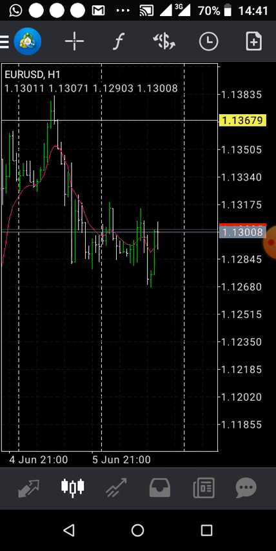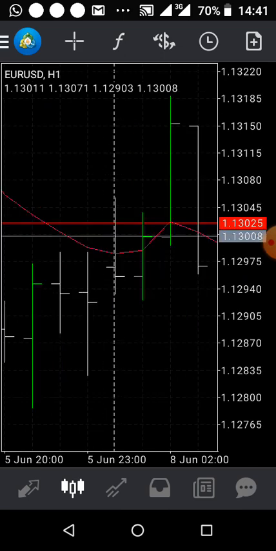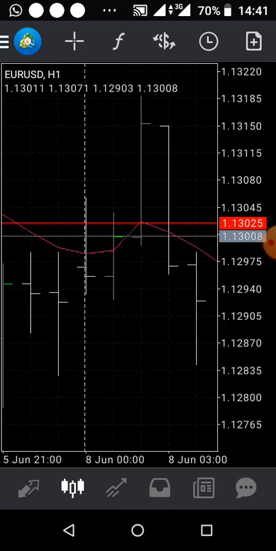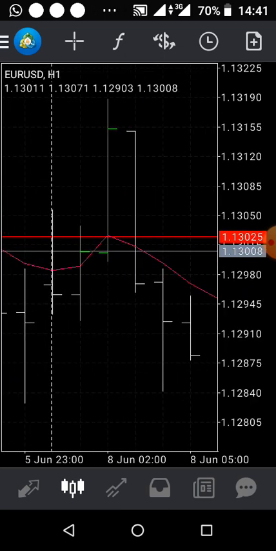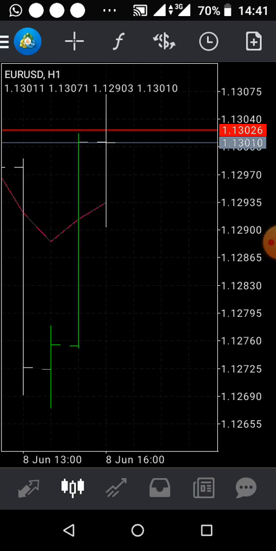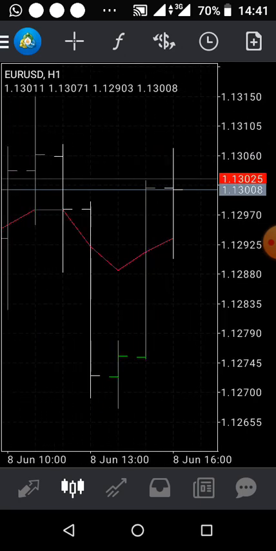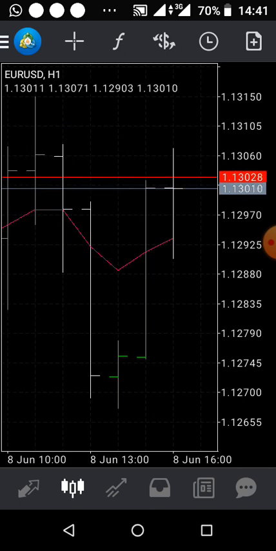Look at how they look. Let me zoom in a little so that you can see. All right, the chart is updating. Now for the bar chart, you can see the green bar and then the white bar.